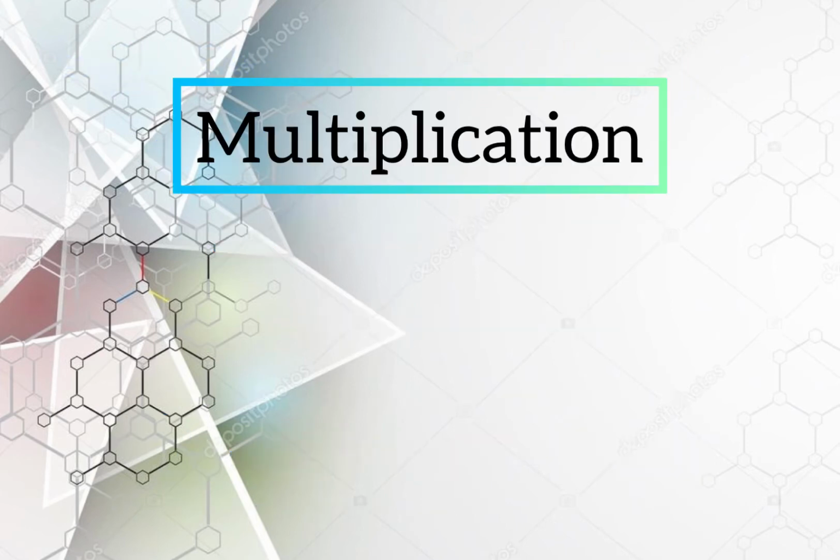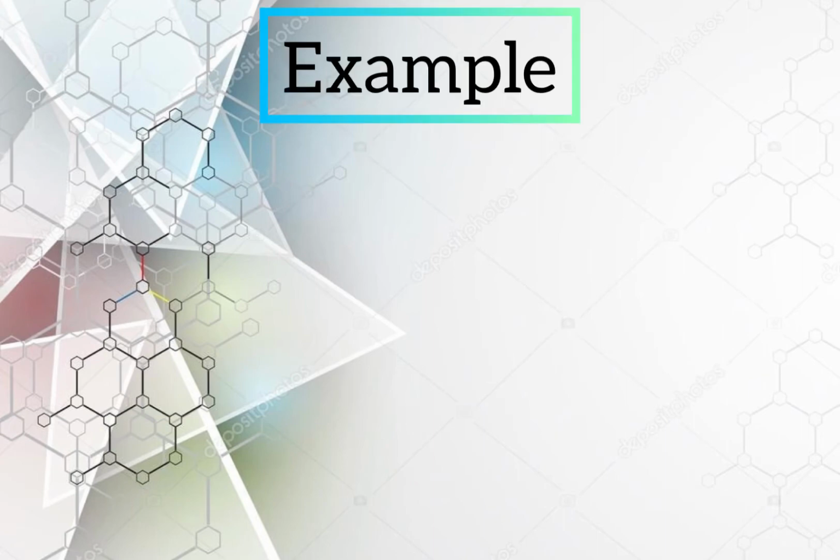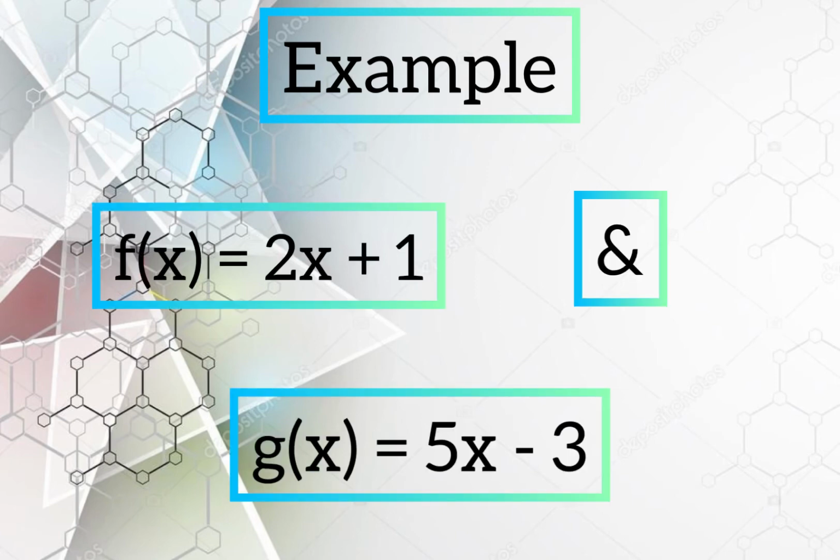The third category is the multiplication, and the formula that represents it is parenthesis f times g parenthesis of x equal to f of x times g of x. Now let's do an example. Here we have f of x is equal to 2x plus 1 and g of x is equal to 5x minus 3.